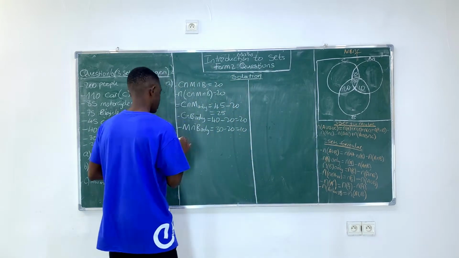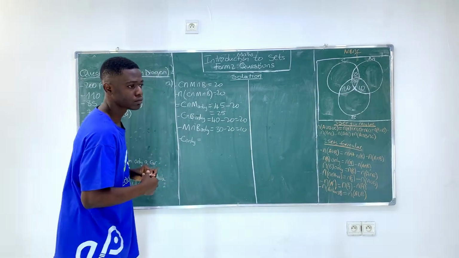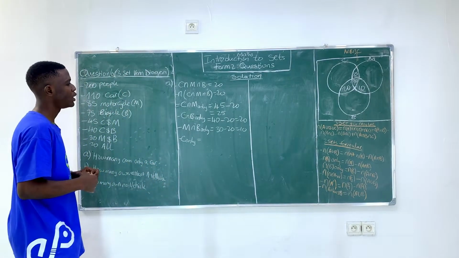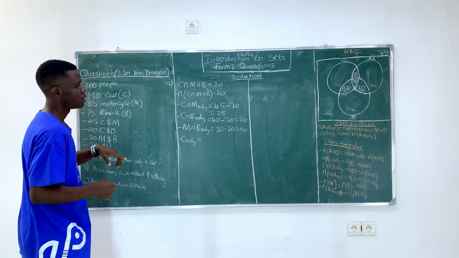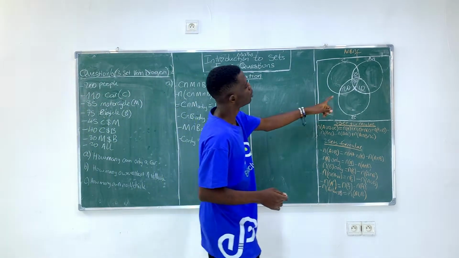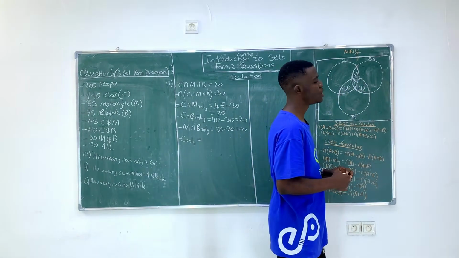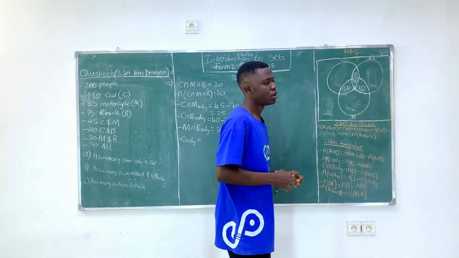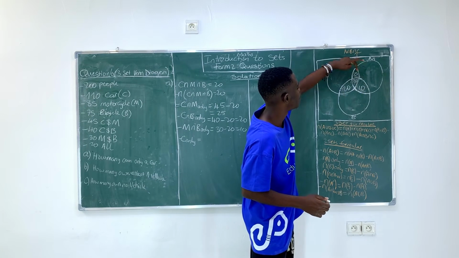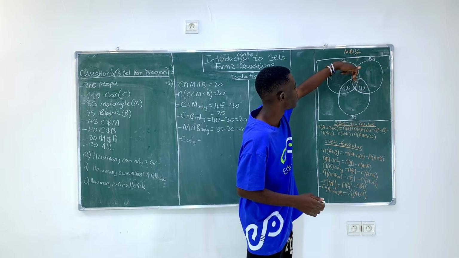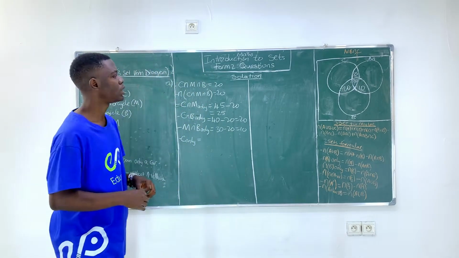Now I want car only. What is car only? As we have done previously, car only is just the total number of car minus all of the intersections which share car. So you see, it is the total number of car, 110, minus car and bicycle, car and motorcycle, and then car, bicycle and motorcycle, because we want just car only. We don't want any other things.